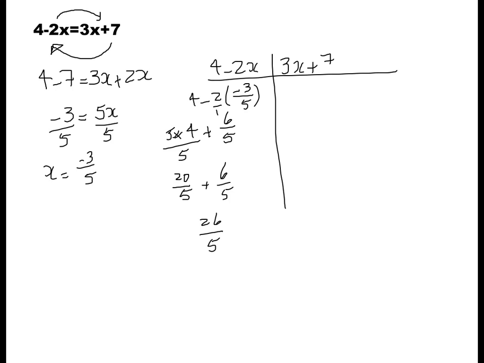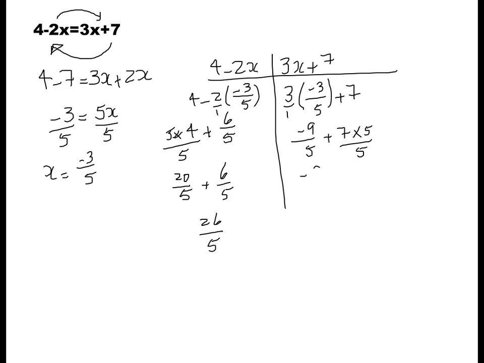Now the right one, I do the same thing. I put negative 3 over 5 for x, plus 7. Again, the denominator of 3 is 1, so 3 times negative 3 is negative 9 over 5 plus 7. But again, 7 has a denominator 1, so I multiply this by 5, divide by 5.